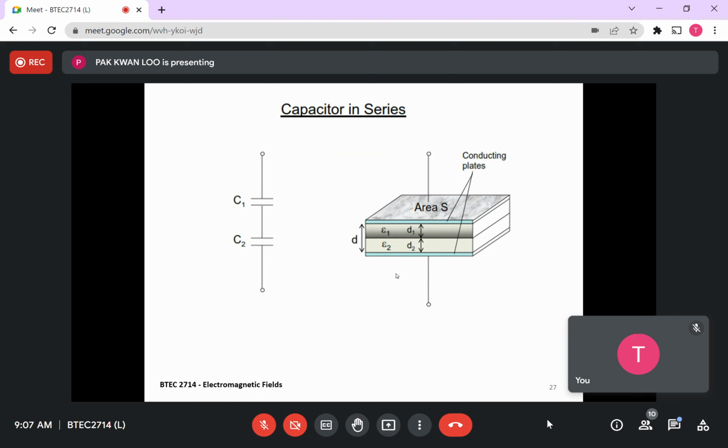Such a configuration will provide us the equivalent circuit. The equivalent circuit in such a way is a capacitor in series.